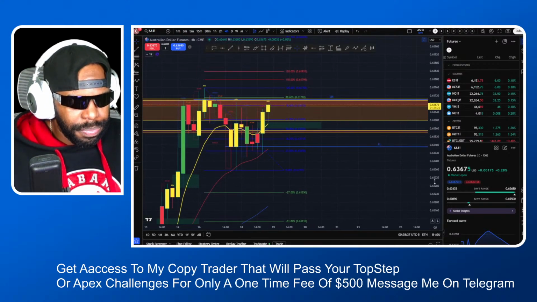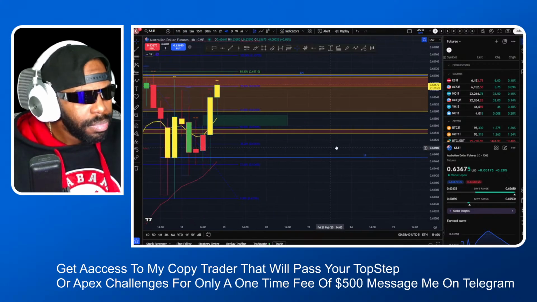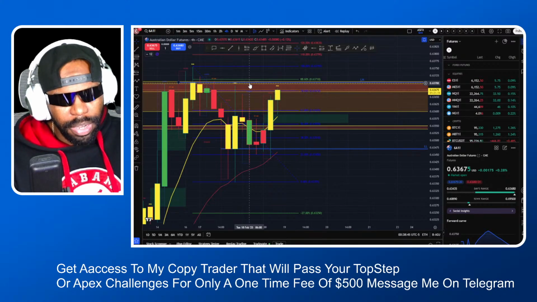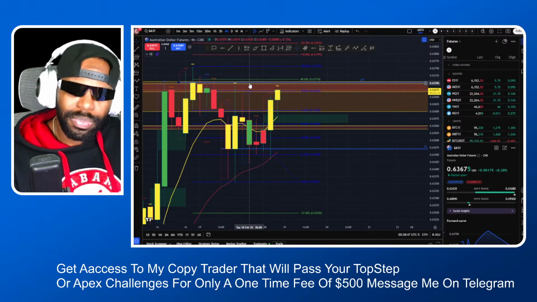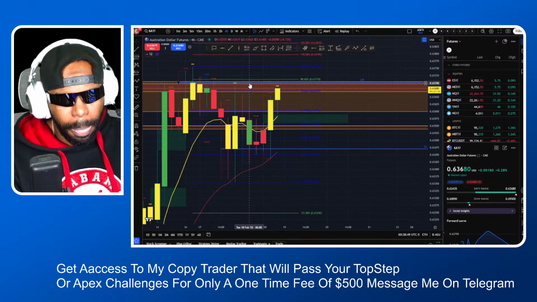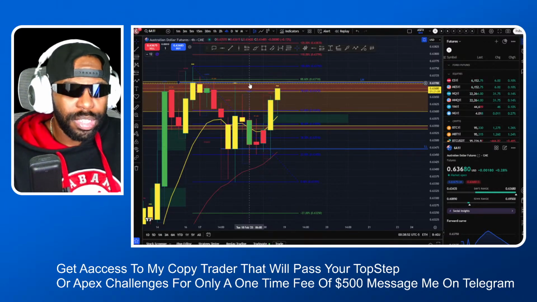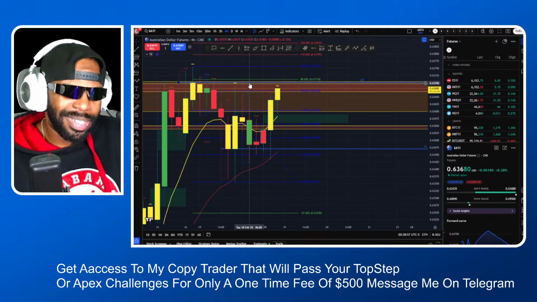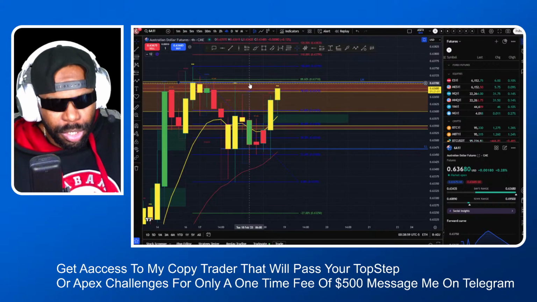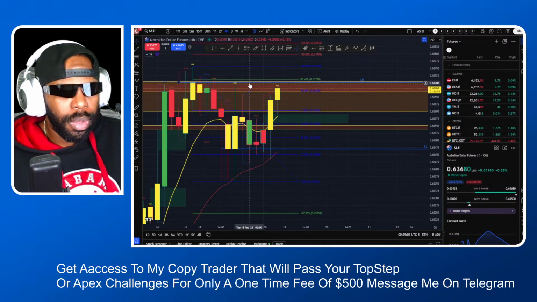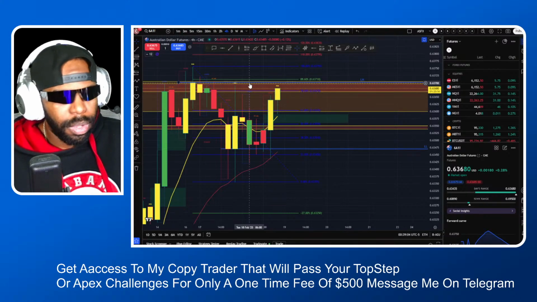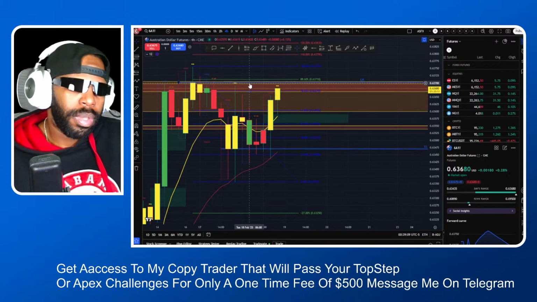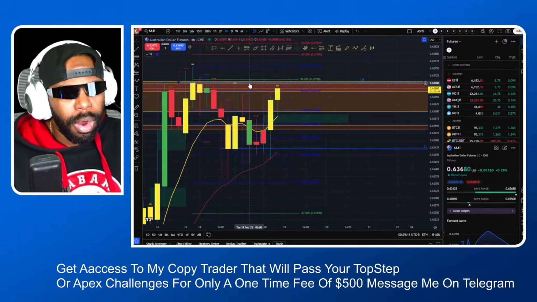If these pairs are going up, best believe those pairs are going to go up, because they have a phrase called risk on and risk off. When the equities, like the ES, the Nasdaq, the US 30, the Dow Jones, are going up, that means risk is on, because those are risky assets.